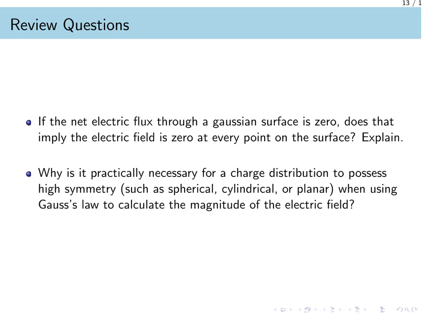Second, why is it practically necessary for a charge distribution to possess a very high degree of symmetry, such as spherical, cylindrical, or planar symmetry, when we want to use Gauss's law to calculate the magnitude of the electric field? Consider how spatial symmetry helps us simplify the dot product and pull the constant electric field term out of the complex surface integral. Take some time to reflect on these questions and ensure you can explain the answers clearly.